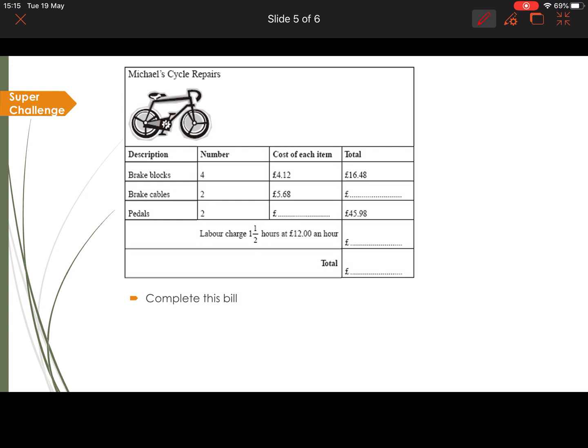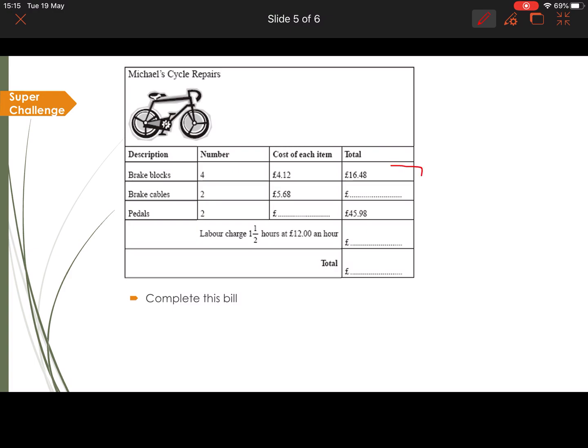Here is a challenge question for you. Press pause and have a go, and when you're ready for the answer, press play. So this is Michael's cycle repairs, and there is a description of the various things that have been purchased and the number of the item that has been purchased, the cost and the total.